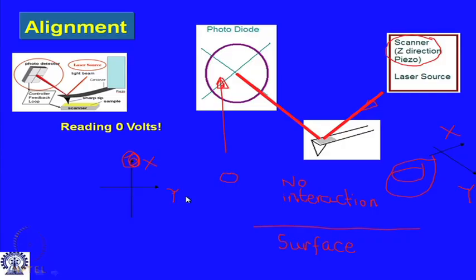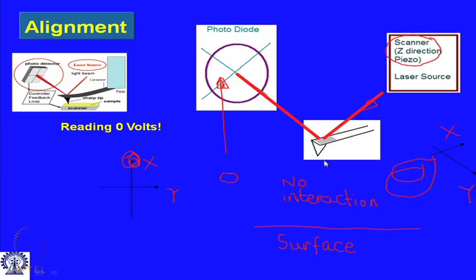Now, once the instrument has been aligned, you know that you will be using this tip to scan this surface. The next process is going to be bringing this cantilever or probe close to the surface, and these are very small things.